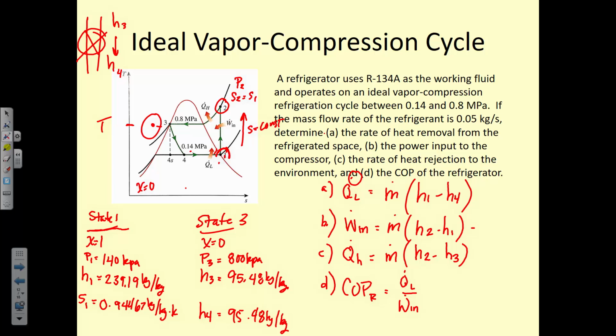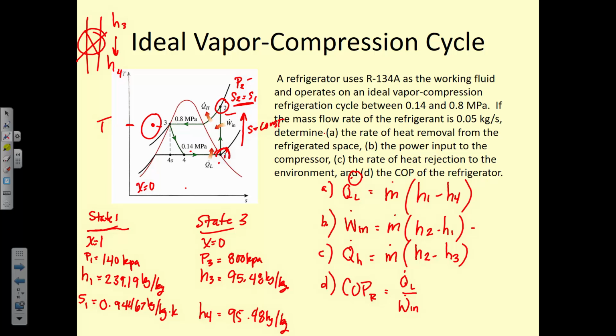But what about state 2? Okay, superheated. We know the pressure and we know the enthalpy is the same as state 1. So we have to go to table A6, right? No. A13, because we're in R134A.